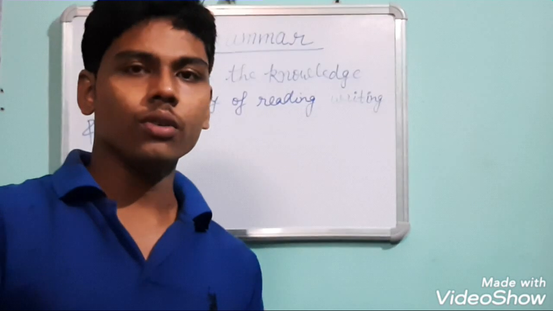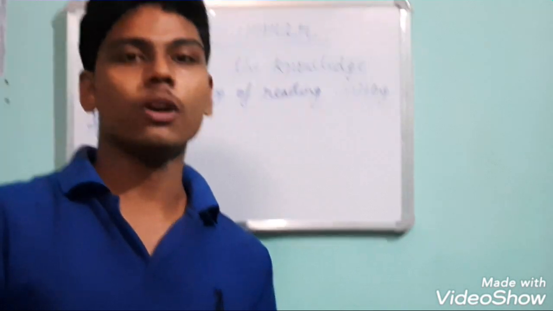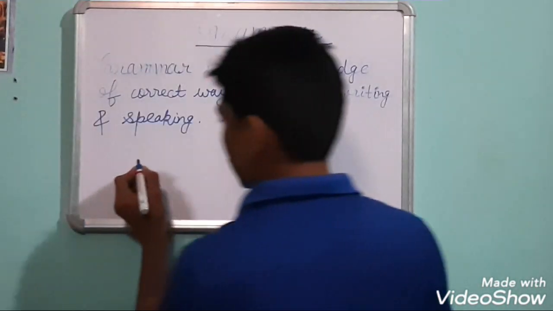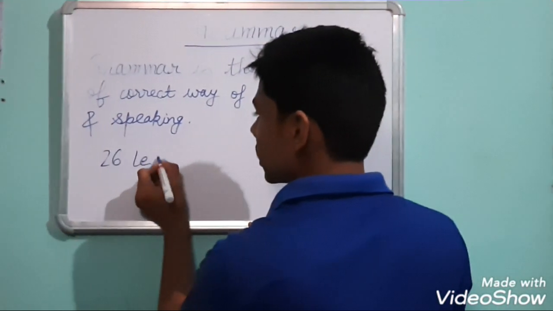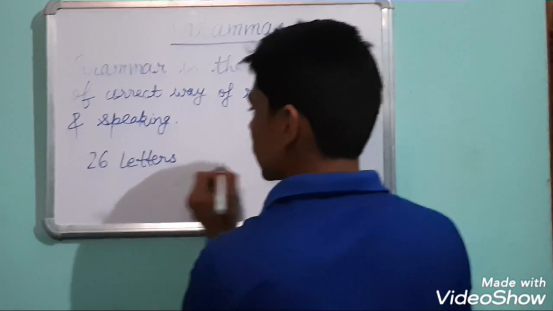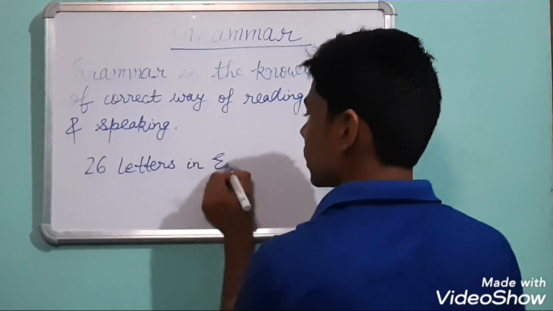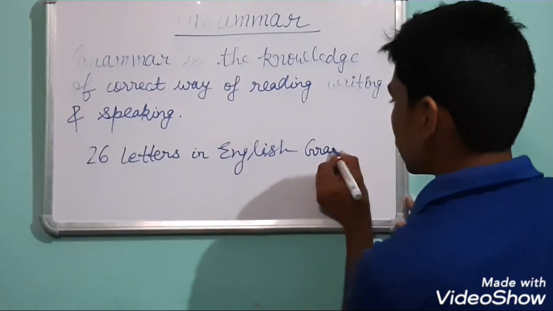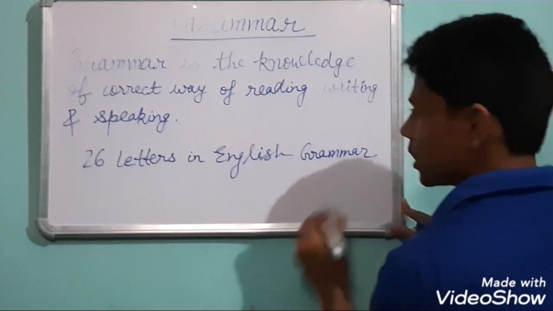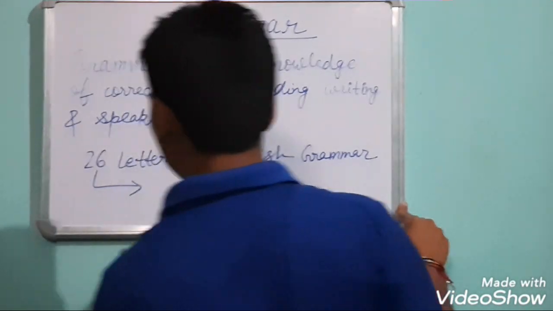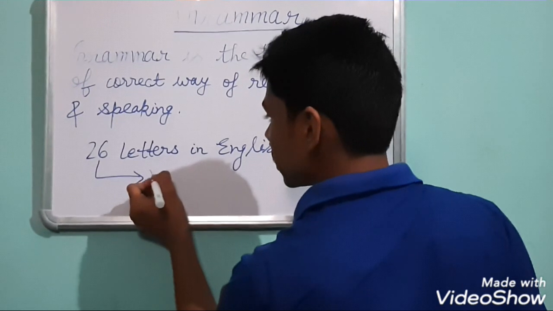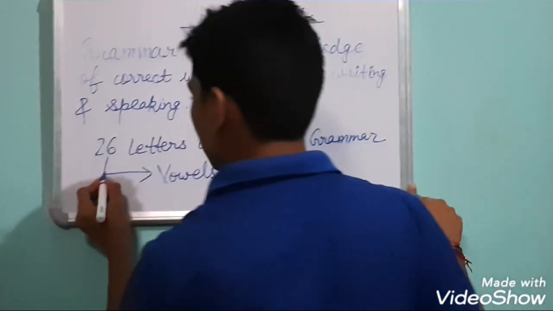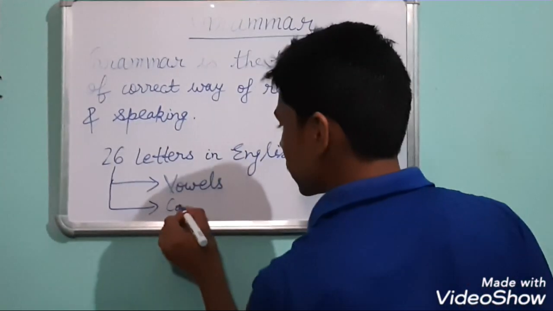Now we will go very deep and know about the English letters. There are 26 letters in English grammar. Out of these 26 letters, some are called vowels and the others are called consonants.